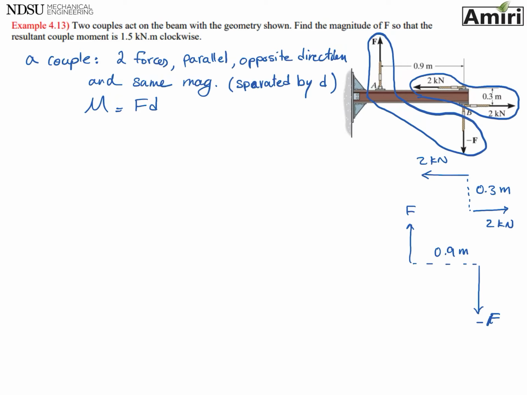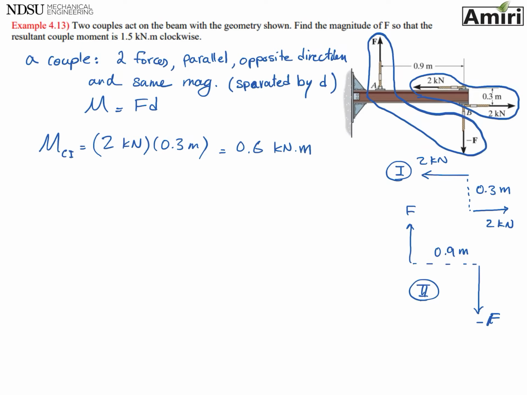So let's call them 1 and 2. So moment of couple 1 equals Fd. F is 2 kilonewton, doesn't matter which one. The distance 0.3 meters. So then that would be 0.6 kilonewton meters.